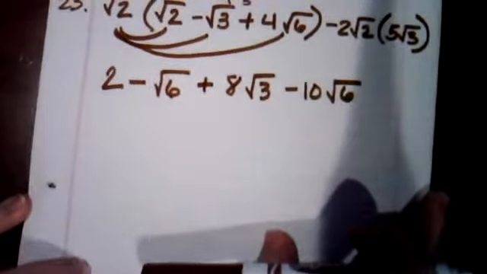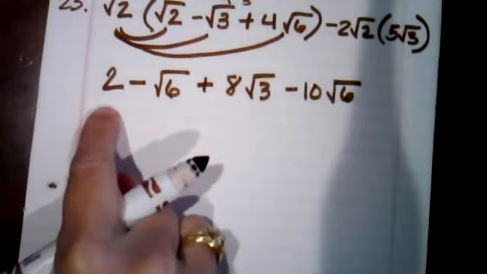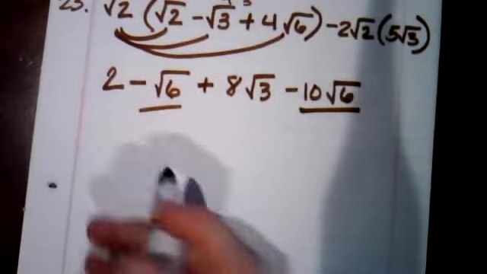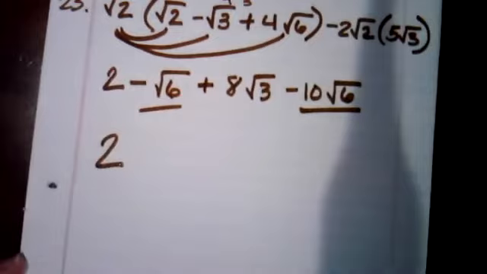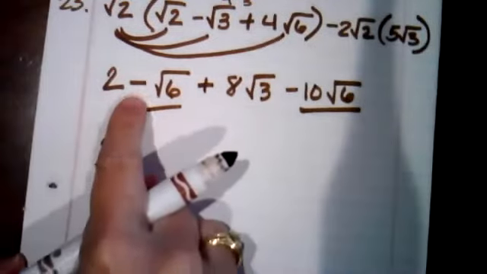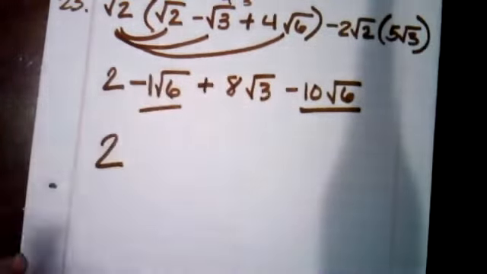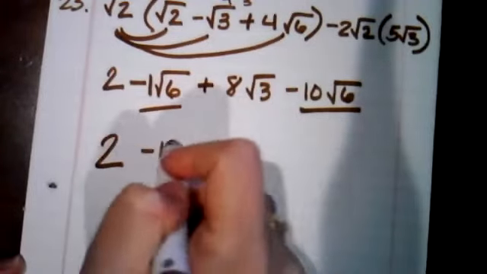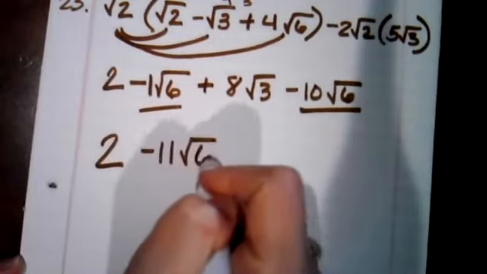If you notice, I have one normal number and 2 square roots of 6. So these are alike. So I'm going to keep my 2. And then this is a 1 right here, so this would become a negative 11 square root of 6.